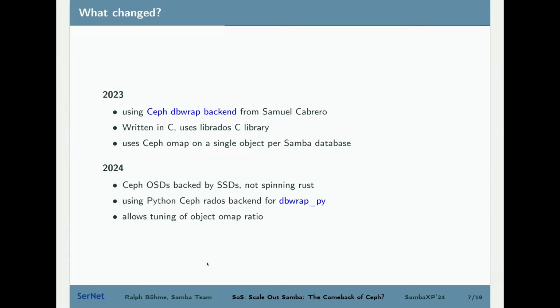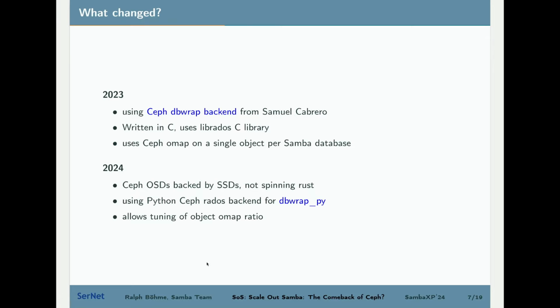I think I have it somewhere on the next slide. It's just something like 100 or 150 lines. It's not really complete. It doesn't do persistent records, it doesn't do traverses and listing records, and much more. But you're probably all aware that Python is a lot more terse than C, so I could write this backend in something like a few hours or maybe a day.